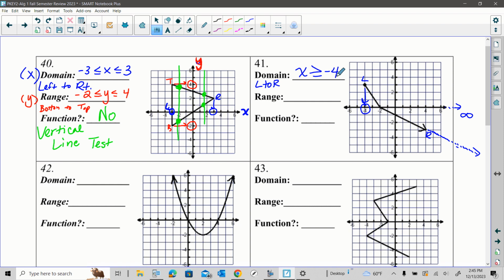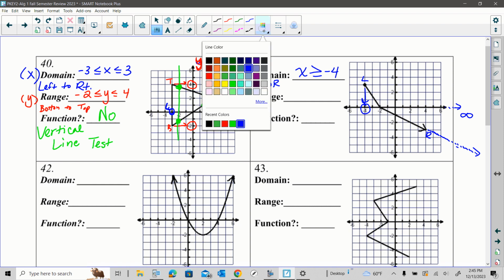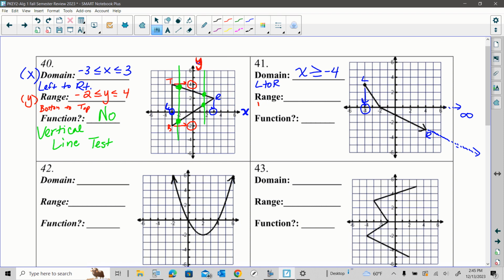Okay. Now for the range, we're still doing bottom to top. The bottom of the graph is here at this arrow, excuse me, and the top of the graph is here. So I look to the y-axis, that happens at 3, and the bottom keeps pointing, this is pointing down, which means it's gonna keep going down the y-axis.